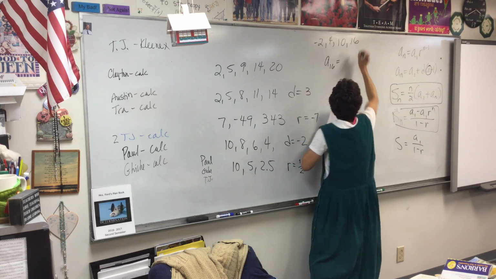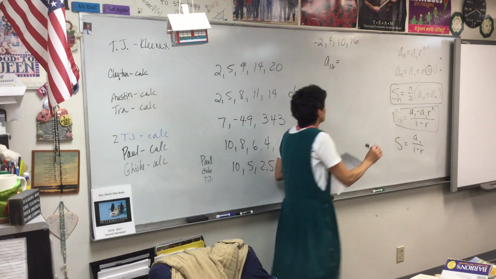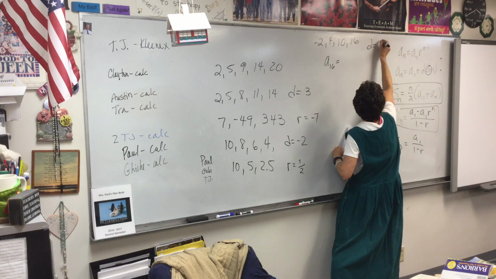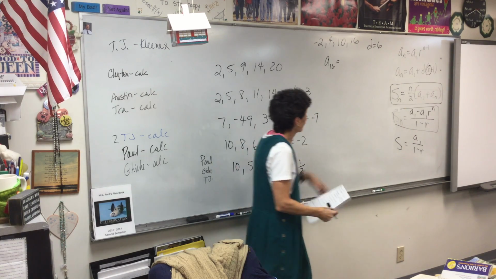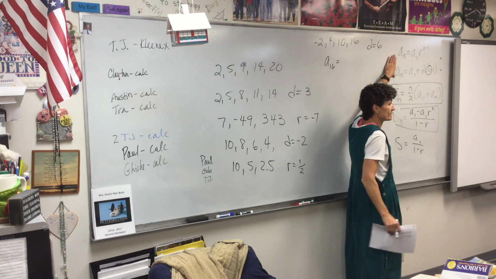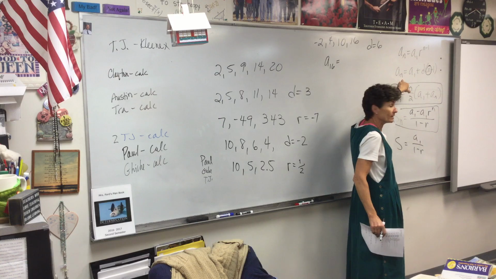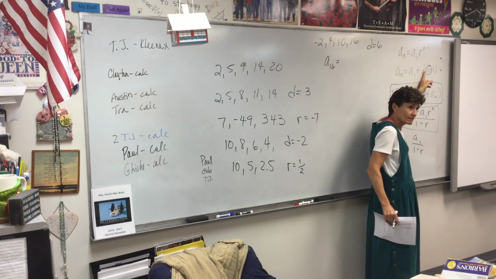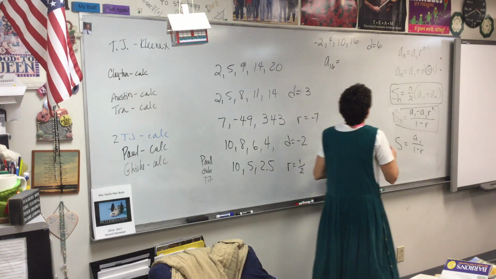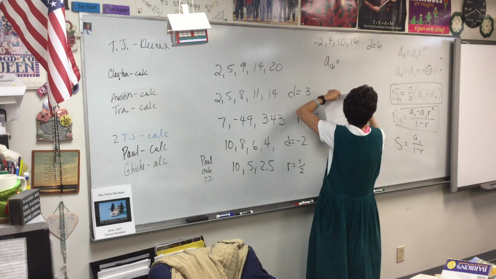We're adding 6, so it is arithmetic, and the difference is 6. Which of these two formulas is the arithmetic one? The bottom one. It has a D in it, a common difference. That's your arithmetic formula.